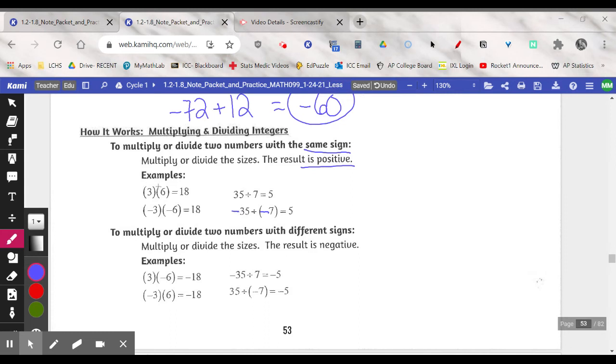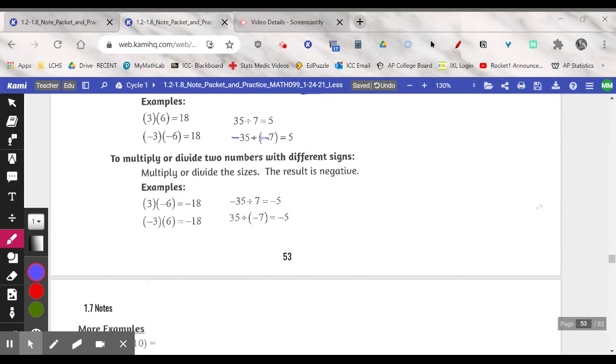And if both the numbers are positive, whether we're multiplying or dividing, we get a positive answer. If we multiply or divide two numbers with different signs, we get a negative number. So whether you have a positive times a negative, you get a negative, or if it's a negative times a positive. And the same goes for division.